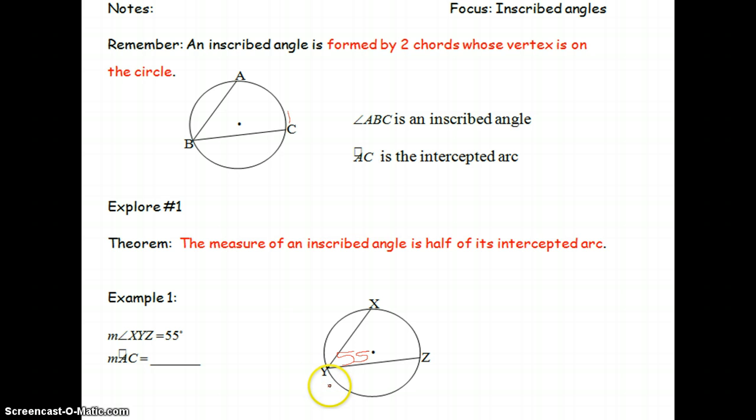So if my angle XYZ is 55, then this arc XZ is what it should say actually on that worksheet. XZ should be the 110. Okay, so we would put 110 here degrees. So again, this should actually say the measure of XZ. If we have the angle at 55, then the arc will be 110 degrees.